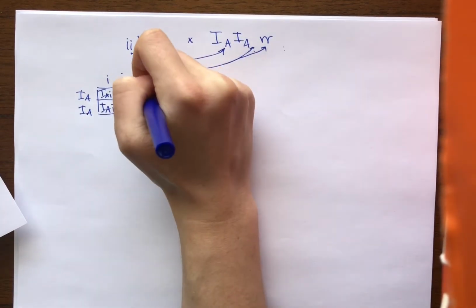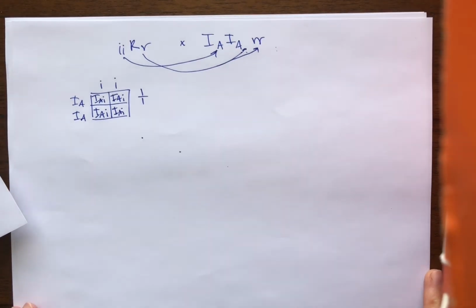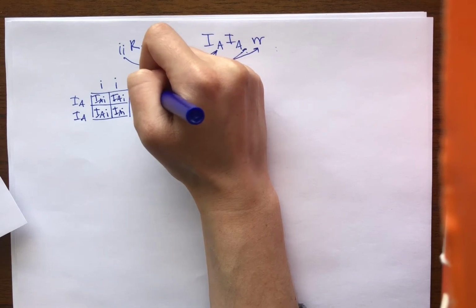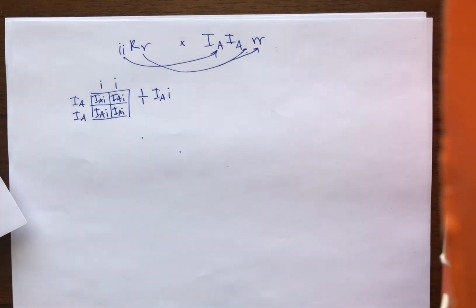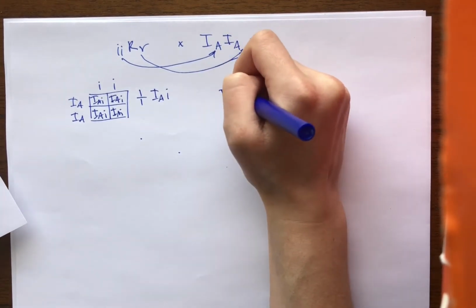After we do the Punnett square, we have a ratio of 1:1, or 100%. All children for the I gene will be blood type A heterozygous. Okay, and then we can go ahead and cross the R's, the Rh factor.